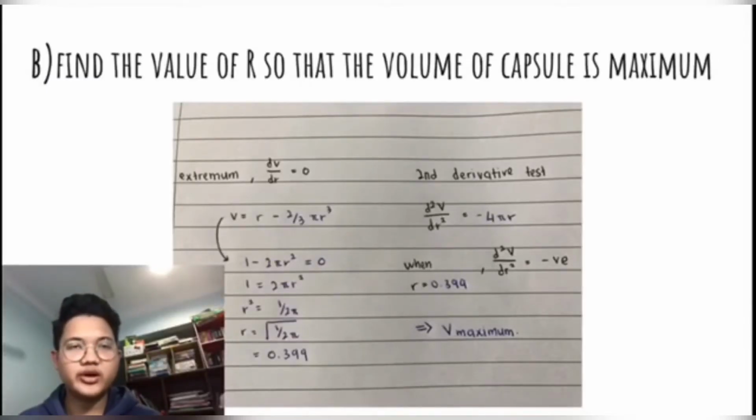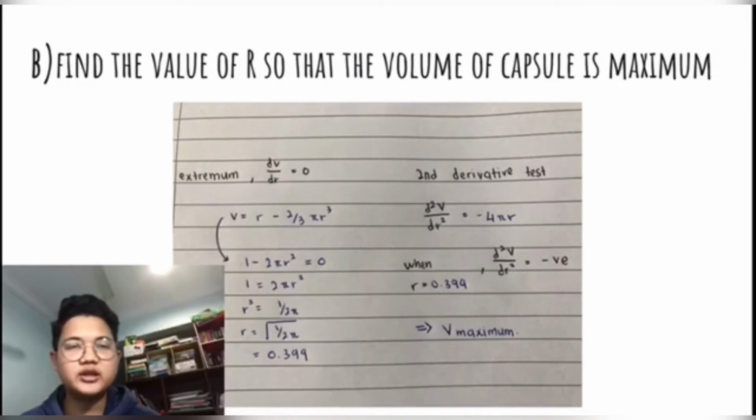Find the value of r so that the volume of the capsule is maximum. Firstly, we have to find the stationary point, which is dV/dr equal to 0. We use the volume formula, which is r minus 2/3 pi r cubed. From that equation, we differentiate to become 1 minus 2 pi r squared.